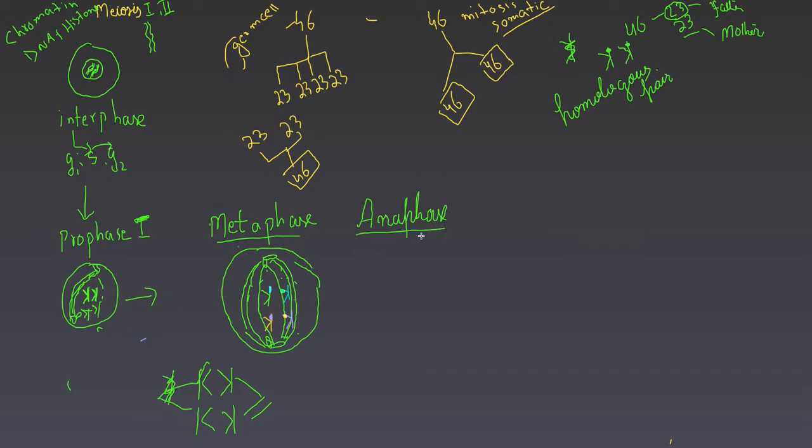In anaphase, what happens is that they keep pulling themselves apart, and they keep pulling themselves apart. Eventually the cell structure becomes something like this. Well, not like this. Actually, let me remove that.